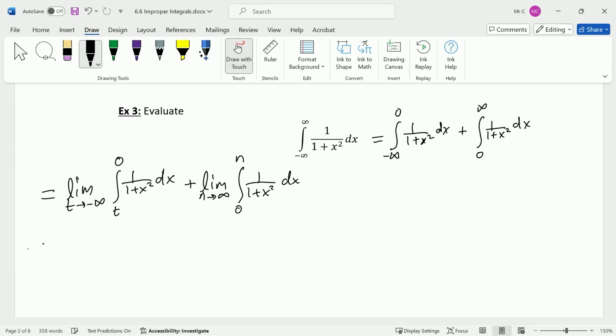Now we evaluate each of these antiderivatives. So this becomes the limit as t goes to negative infinity of, and the antiderivative for 1 over 1 plus x squared is arctangent of x. So I'm going to skip a little step and go straight to the evaluation. Arctangent of 0 minus arctangent of t.